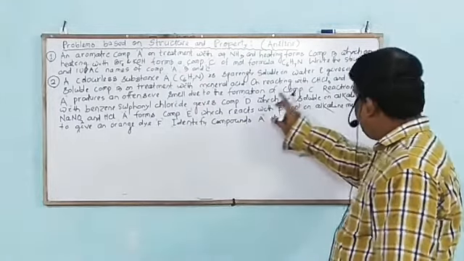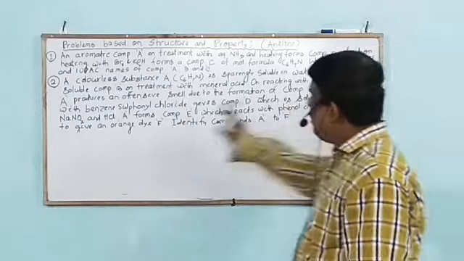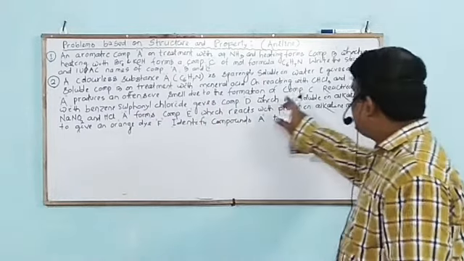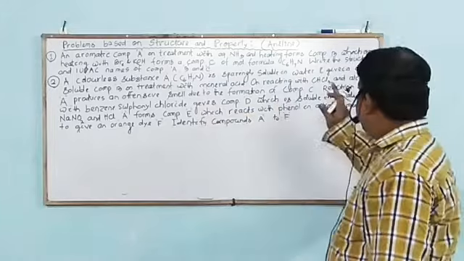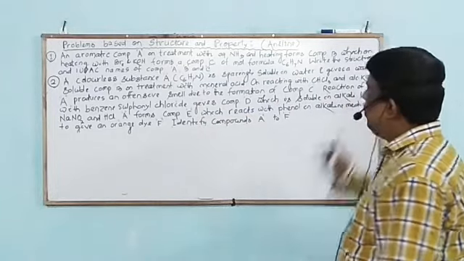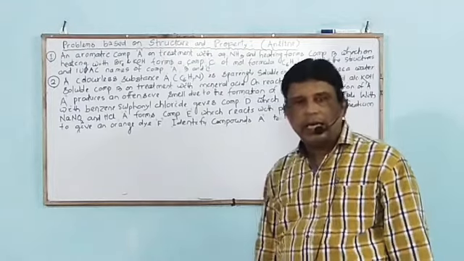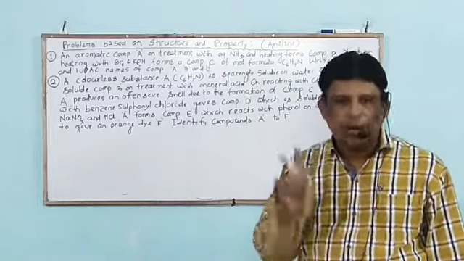A, on reacting with chloroform and alcoholic potash, produces an offensive smell due to the formation of C, an unpleasant smelling compound. This indicates that A is a primary aromatic amine.